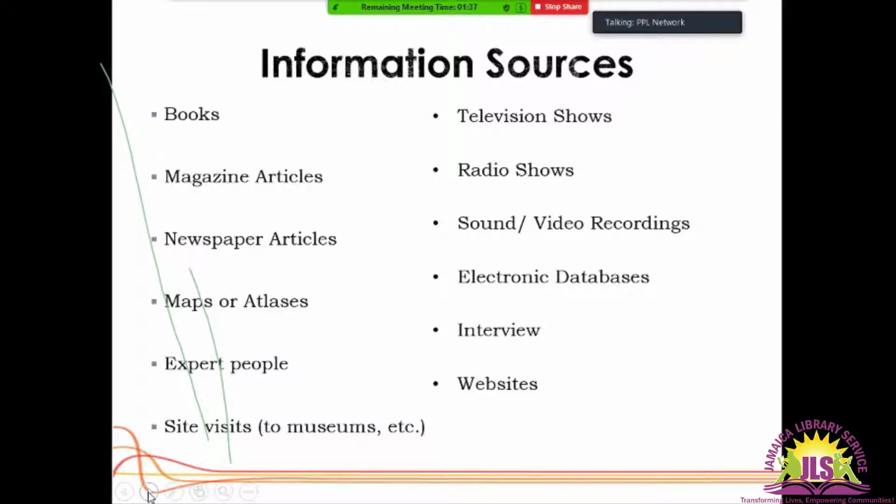You have books, magazine articles, newspaper articles, maps or atlases, expert people, site visits. So you could go to a museum or an old architecture building, a television show, a radio show, a sound or video recording, electronic databases, an interview, or a website.